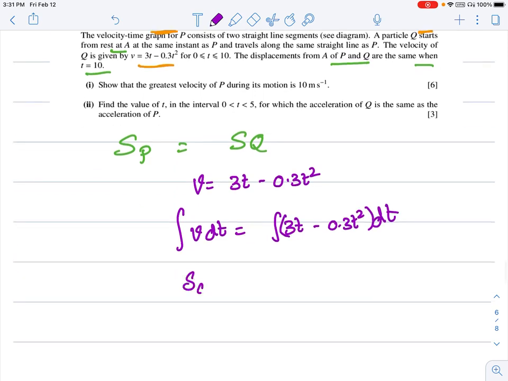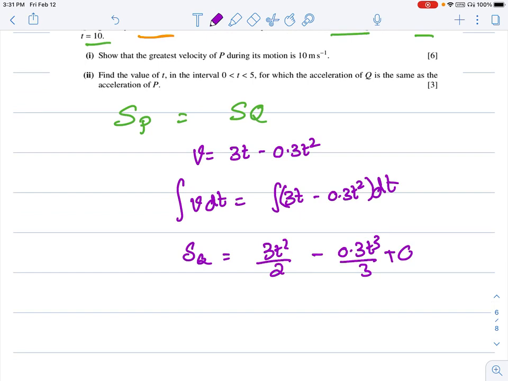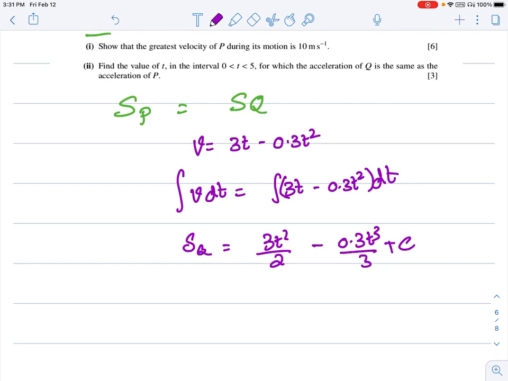So displacement of Q is equal to 3t squared by 2 minus 0.3t cubed by 3 plus c. Let me write that c carefully. Now I want to find the distance from 0 to 10, at 10 seconds. So I just substitute 10. So SQ at 10 will be equal to 3 upon 2 times 10 squared minus 0.3 upon 3 times 10 cubed.